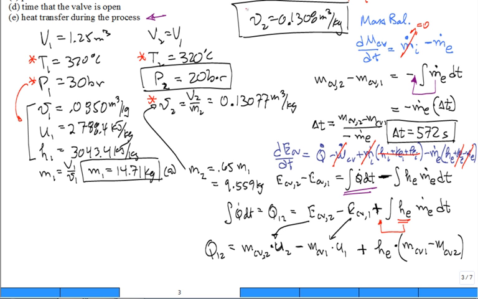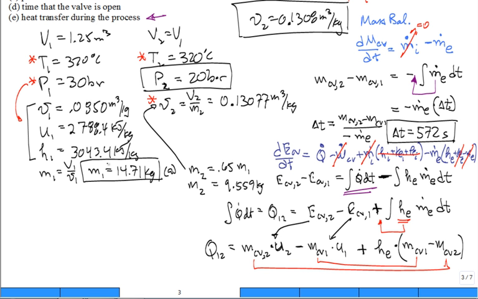Let me ask this question. Are these the same? Yeah. That's the mass in the tank at state 2 at the end of the process, and the mass in the tank at state 1 at the beginning of the process, which we calculated. Here is the mass in the control volume at state 2, 9.559 kilograms, and the mass at state 1, 14.71 kilograms.